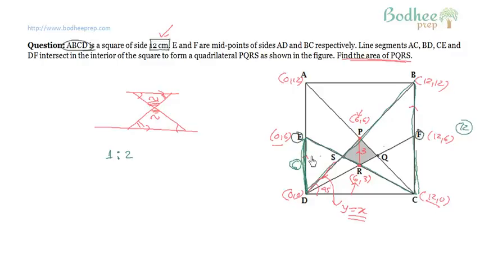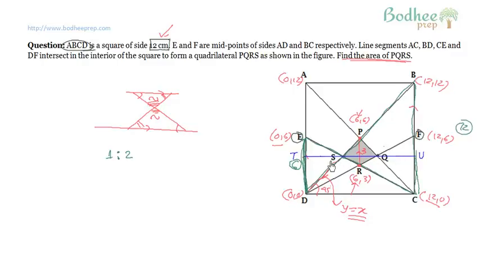Now let me draw a line parallel to DC passing through S. It's very sure that it will pass through both S and Q. Say this point is T and this point is U. We can say that if ED is the base of this triangle, then TS is the height. Similarly, if BC is the base of the other triangle, then US is the height.